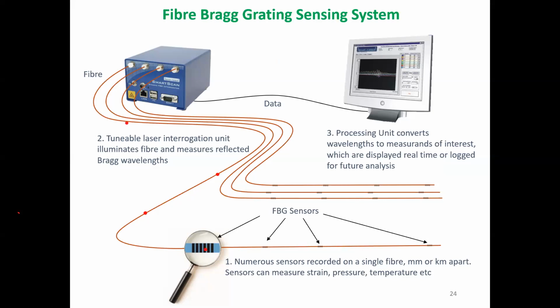We may make software and put a screen, and there we can see the reflection. And then we calibrate that, so for the layman, they can see directly the temperature or pressure or whatever. They don't have to measure the actual shift in the wavelength.